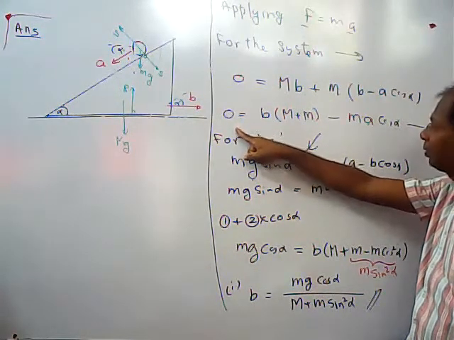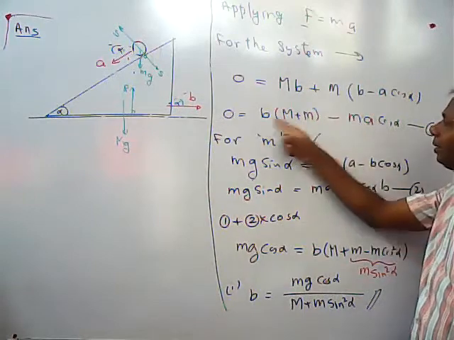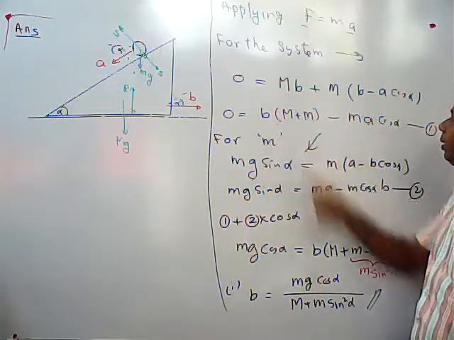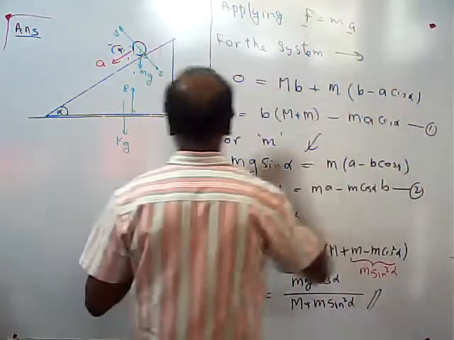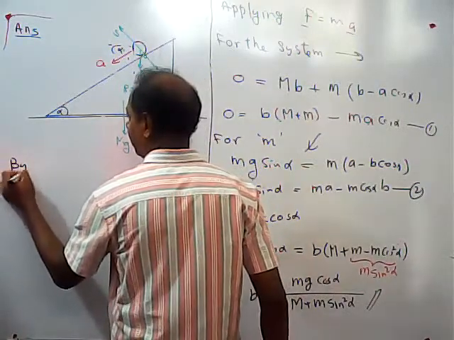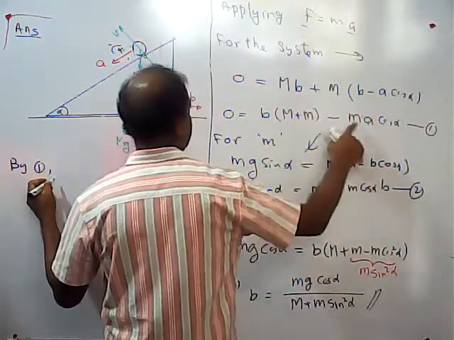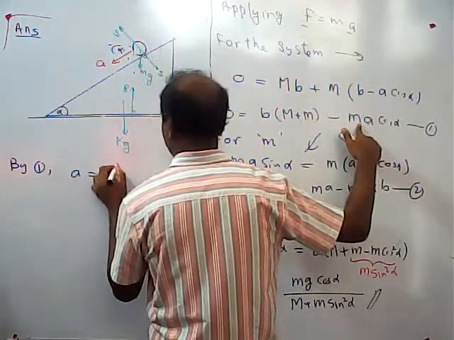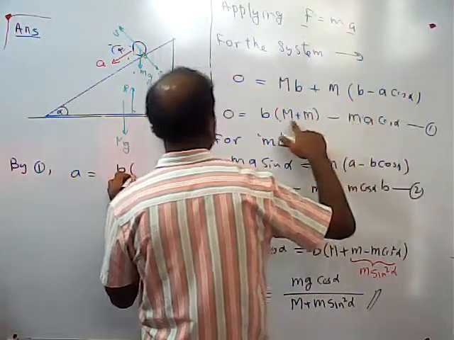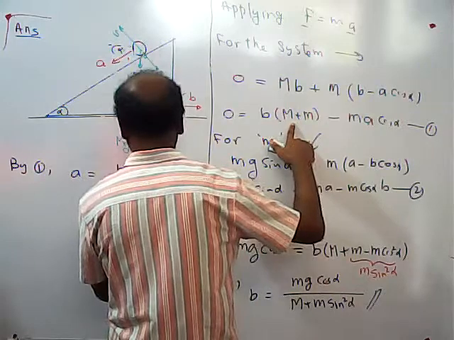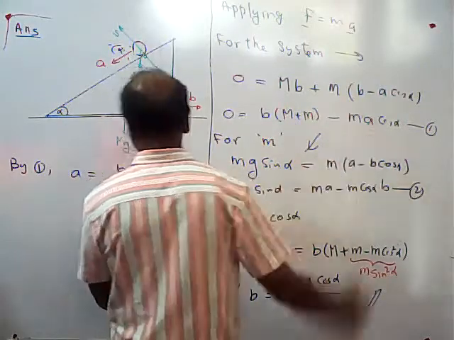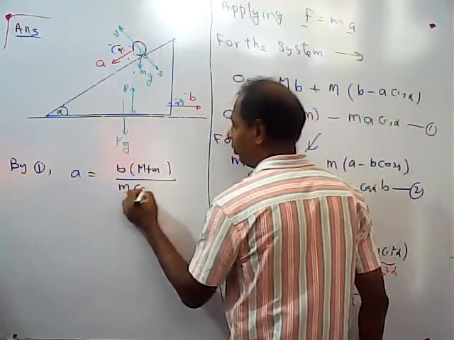Since the left hand side is 0, directly you can express A in terms of B. By equation 1, A is equal to B times M plus m over m cos alpha.